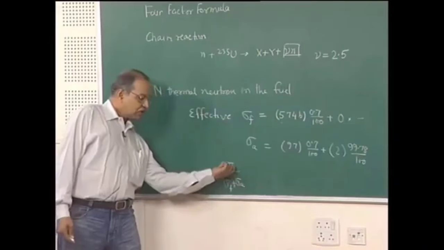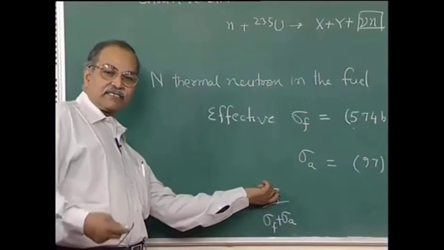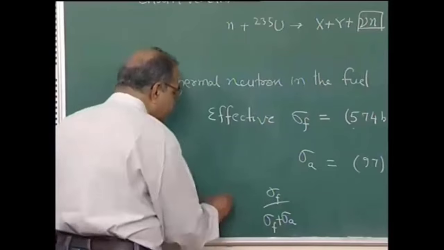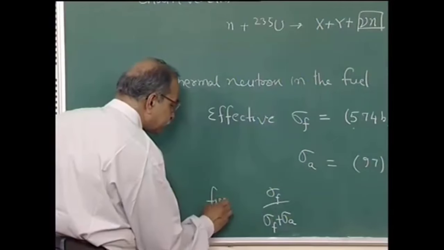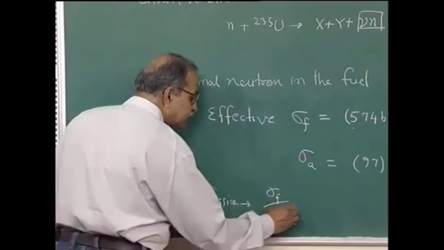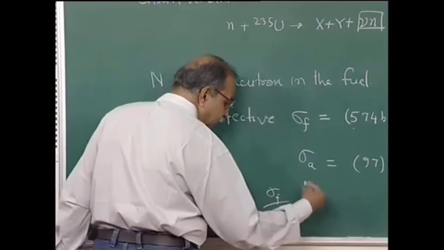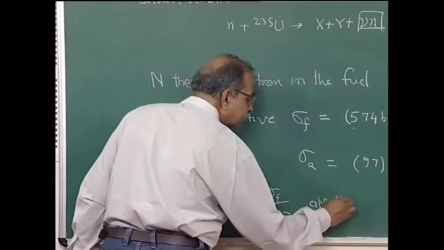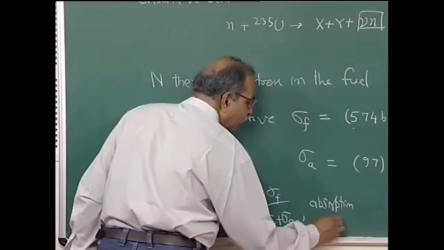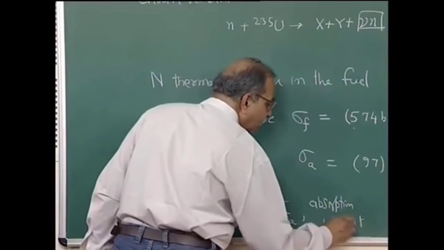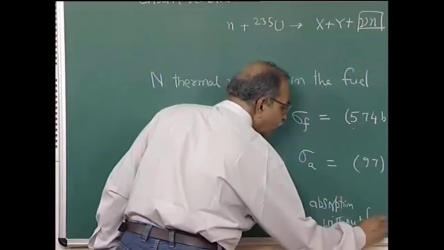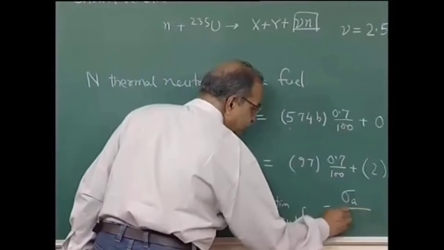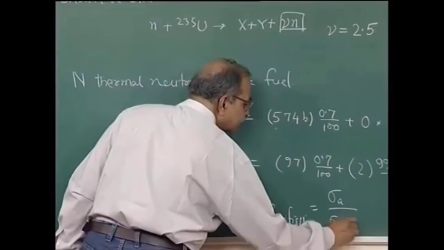So, out of the total only this is going for fission and the rest is going for absorption. So, this is for fission and this is for non fission absorption, absorption without fission. That is sigma A, and that fraction will be sigma A by sigma f plus sigma A.